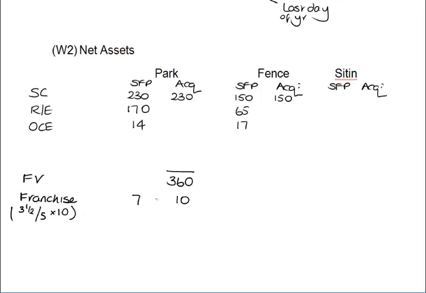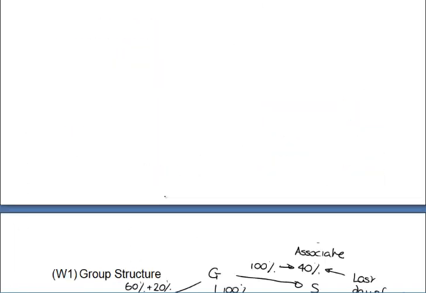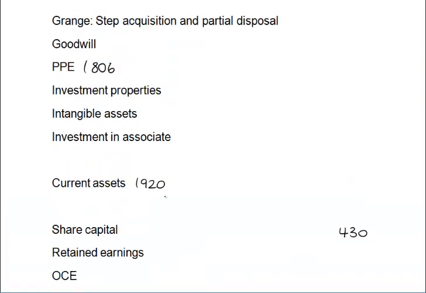So that means the franchise has a value of 7 million at the SFP date. So that means we've got an intangible asset. So I'm going to go up here. I've got intangible assets, franchise from working number 2, and I'm putting that in at a value of 7 million.